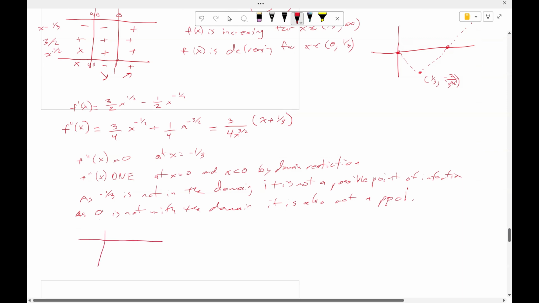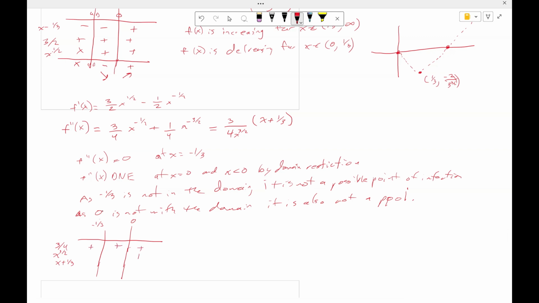So I have this minus 1/3, 0. I have the parts. I have 3 over 4, I have x to the 3/2, and I have x plus 1/3. Well, 3 over 4 is positive everywhere.